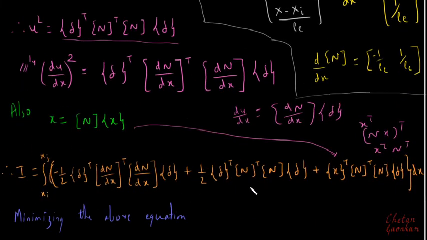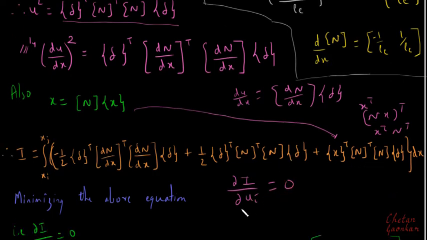So basically what I need to do is either minimize this with respect to ui, equate the entire equation to 0, and then minimize this with respect to uj and equate it to 0. I will get one more equation, and then we can combine them.